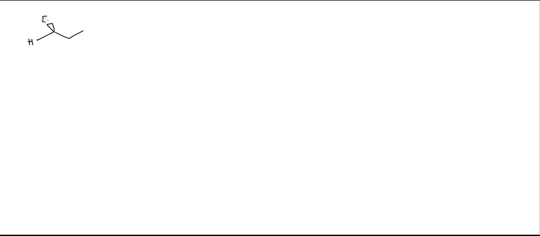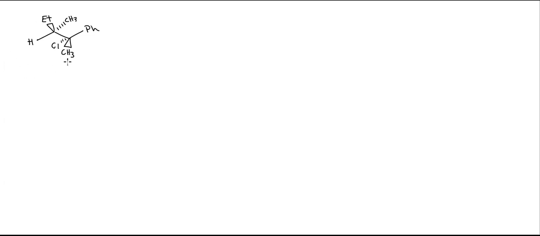So I have an ethyl group here, CH3, phenyl, another CH3, and then my halogen, my chlorine. All right, use chlorine in this case. Okay, so I have an ethyl group, methyl, phenyl, chlorine, hydrogen.